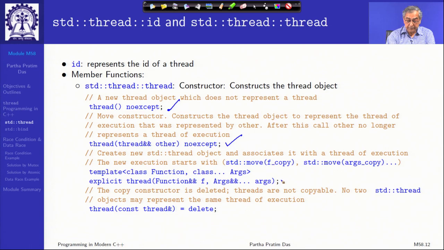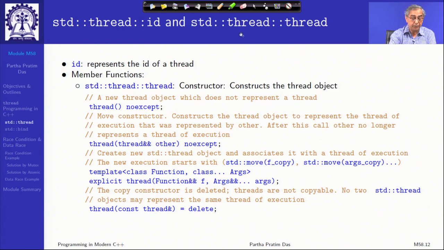There is a parameterized constructor which is explicit. This is templatized, so you can see a variadic template being used here, and you can see that the copy construction is deleted. So, copy construction is not allowed.